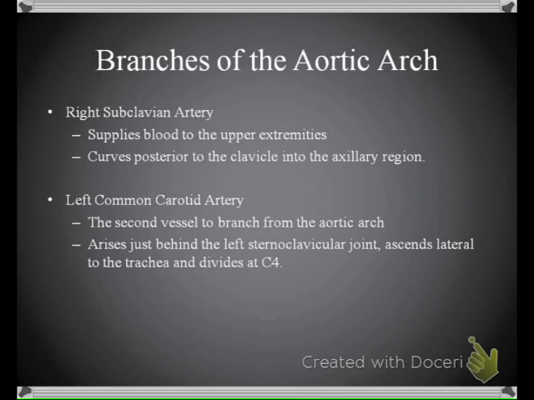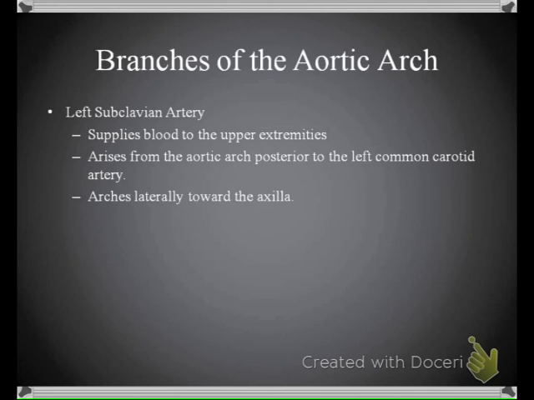The right subclavian artery supplies blood to the upper extremities, and it curves posterior to the clavicle in the axillary region. The left common carotid artery is the second vessel to branch from the aortic arch, and it arises just behind the left sternoclavicular joint and ascends lateral to the trachea and divides at C4.